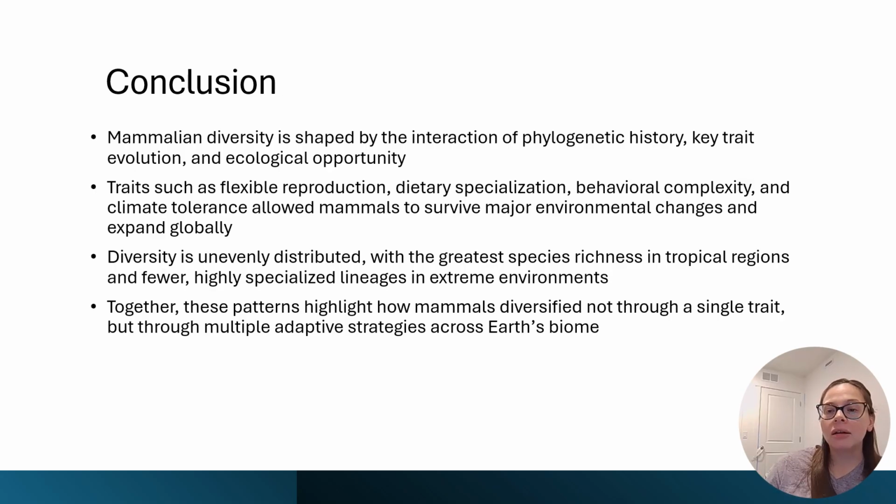Rather than relying on a single adaptation, mammalian success is best explained by the combination of multiple traits that enable persistence and diversification in both stable and extreme environments.